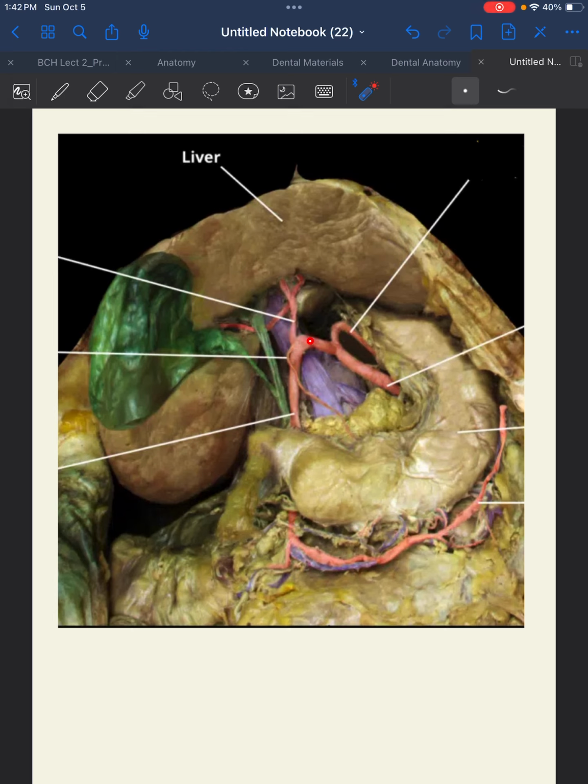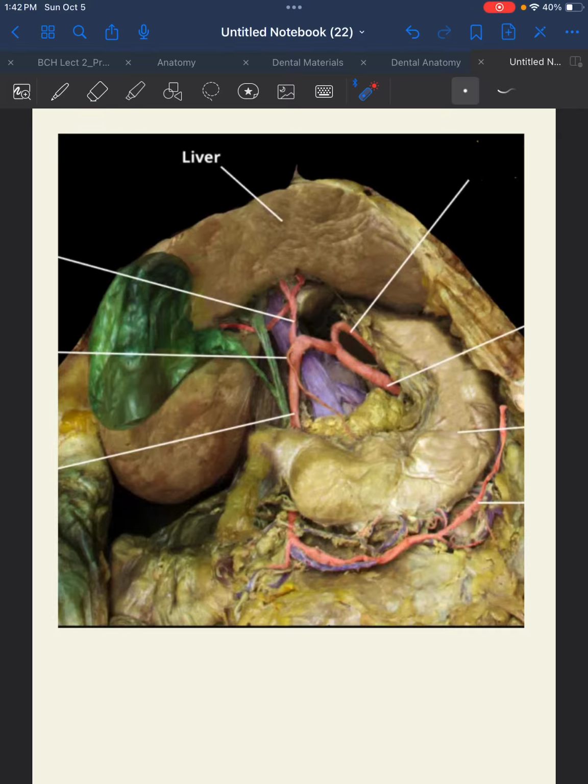Then branching off the common hepatic artery, you're going to have your proper hepatic artery, and then you're going to have the right hepatic artery, left hepatic artery, and right here is the cystic artery, if you see that. And then right here that I'm highlighting, traveling down towards the stomach, is the right gastric artery that will meet the left gastric artery.